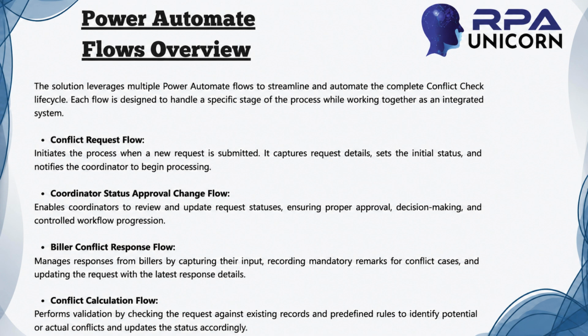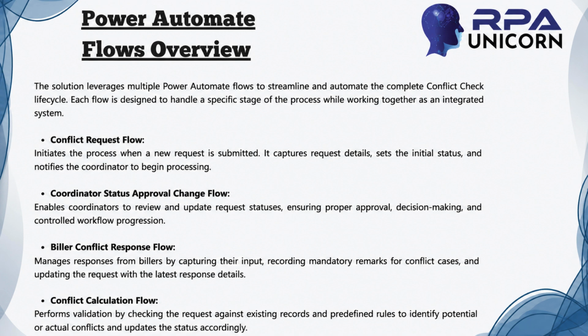The system relies on multiple integrated Power Automate flows that seamlessly manage the entire conflict check lifecycle. First, the conflict request flow kicks off the process upon submission, setting the initial status and alerting the coordinator. Next, the coordinator status approval change flow allows coordinators to review and update request statuses to keep the workflow moving smoothly under controlled oversight.